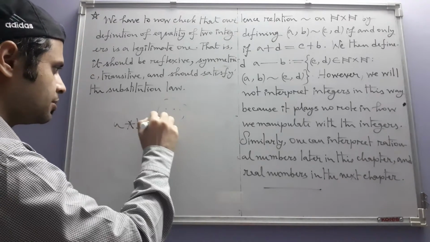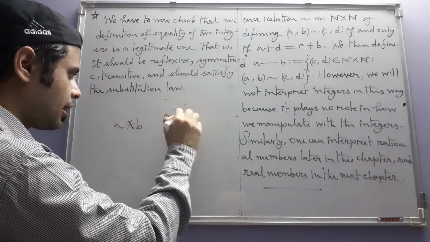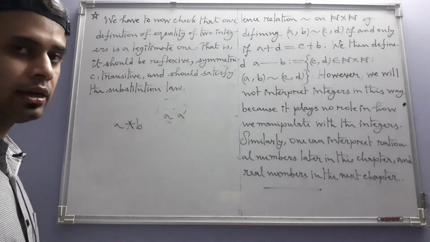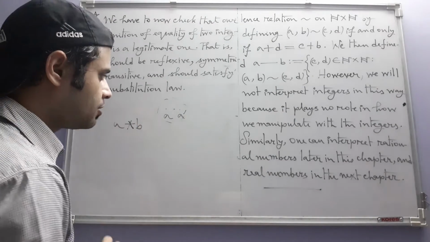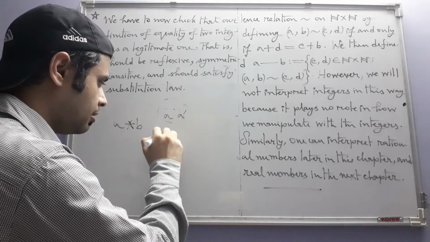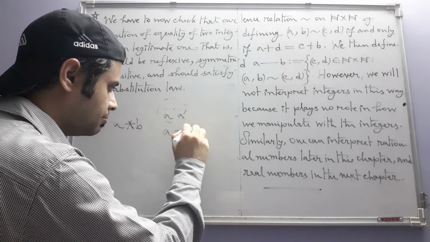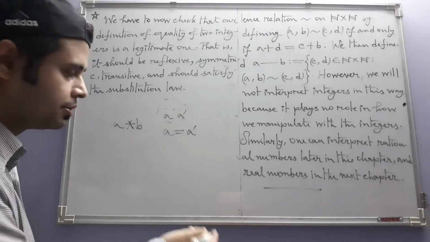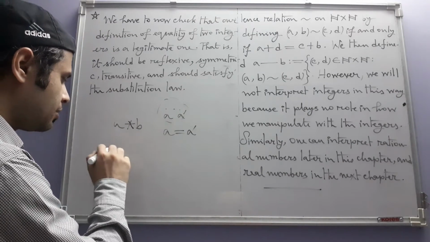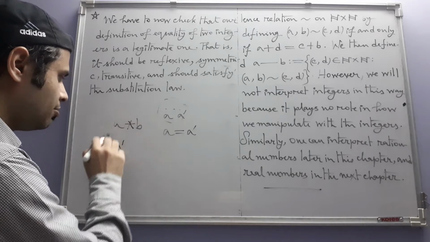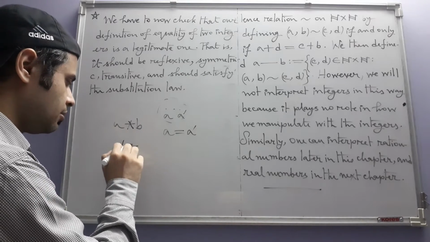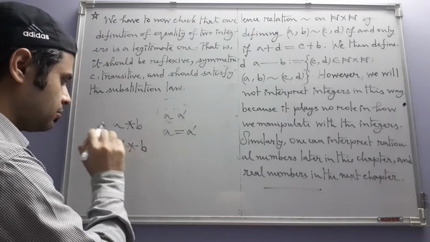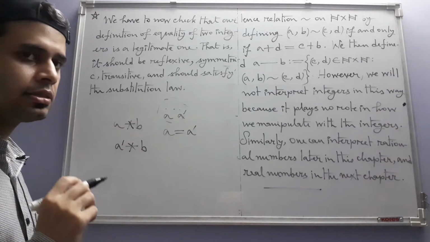Now if the class has two objects A and A prime, and according to your definition of equality, A is equal to A prime, not literally but according to your definition, then it better be the case that if you replace A by A prime, this product is unaffected.